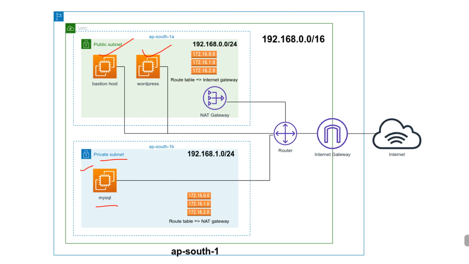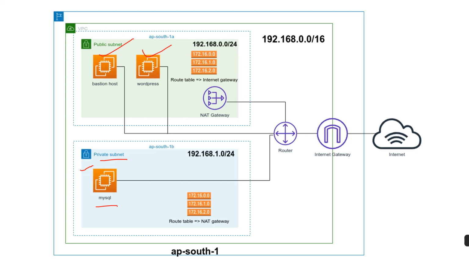Suppose we have the UI server in the public subnet, so it can easily communicate with our database. There is nothing to do; it's automatically connected to our database.